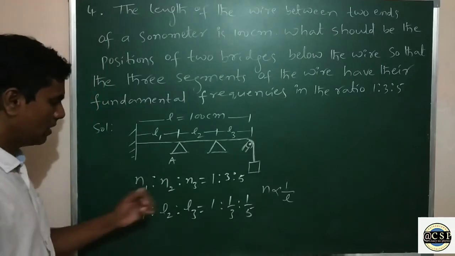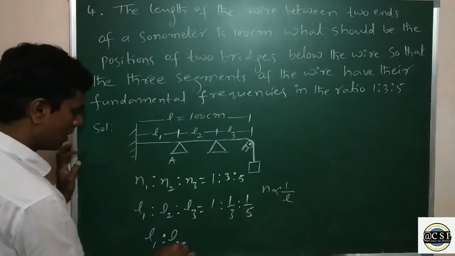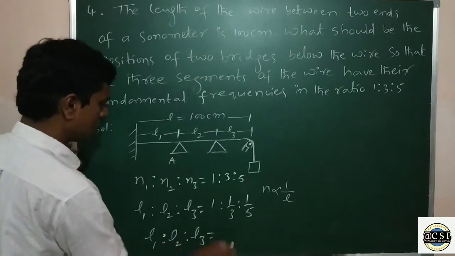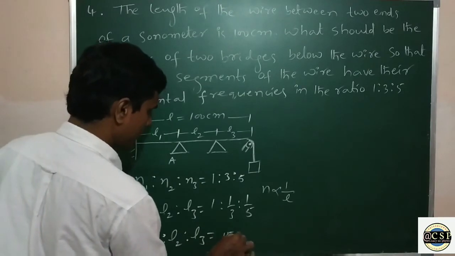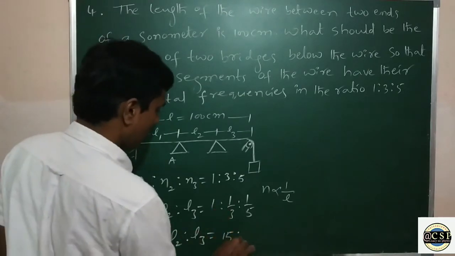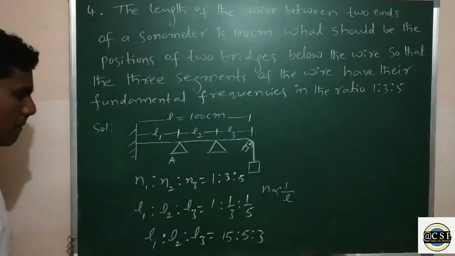After taking the LCM, we can write L1 is to L2 is to L3 as 15 is to 5 is to 3.